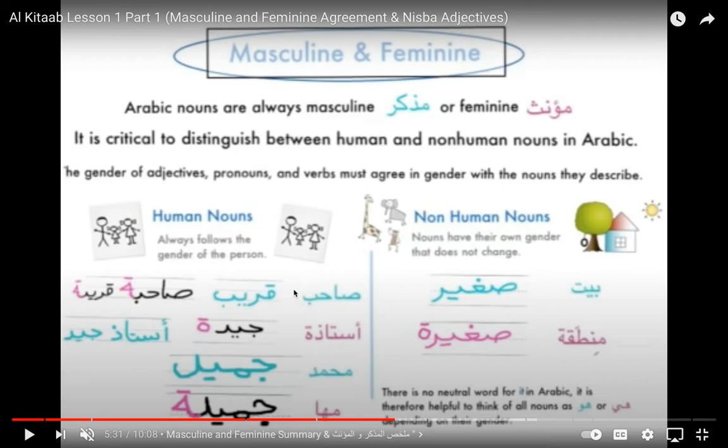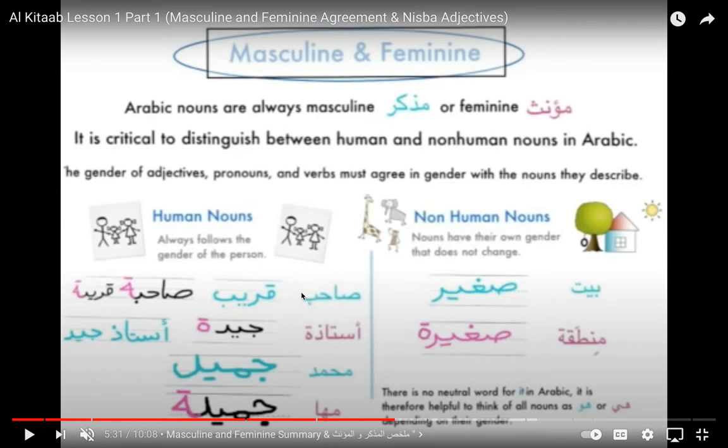In English, we describe first, we start with the adjective and then the noun. So keep this always in your head. For example, here we have صاحب قريب. In English, it will be a close friend. We start from the adjective, close friend. But in Arabic, we say friend close.